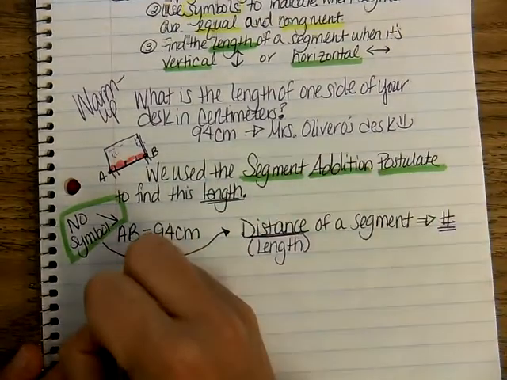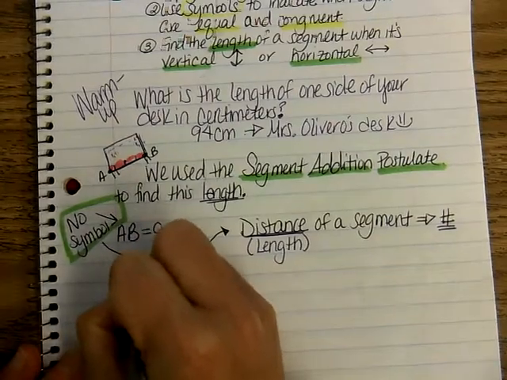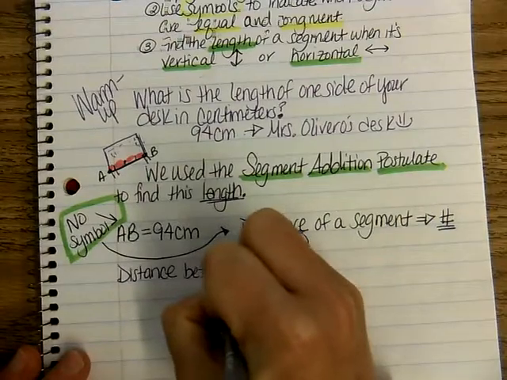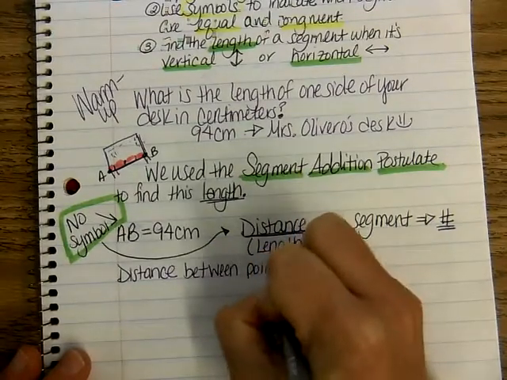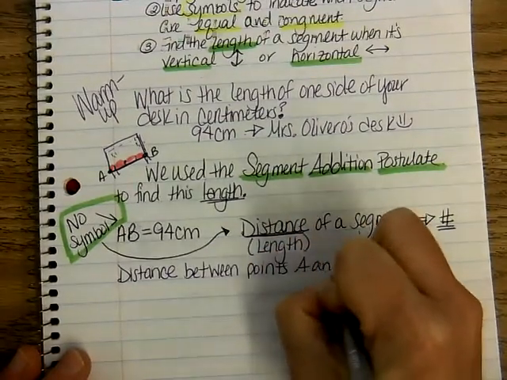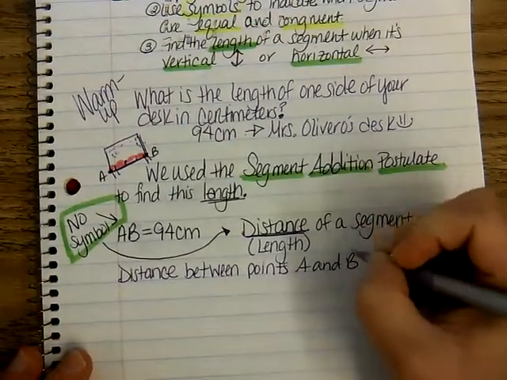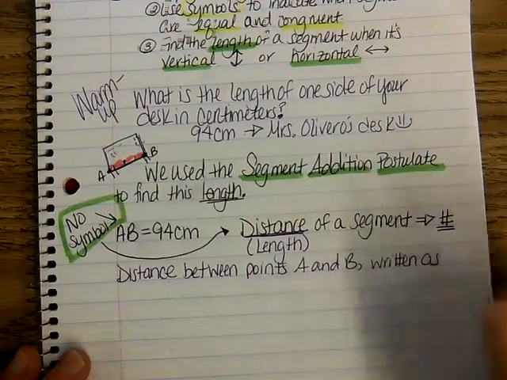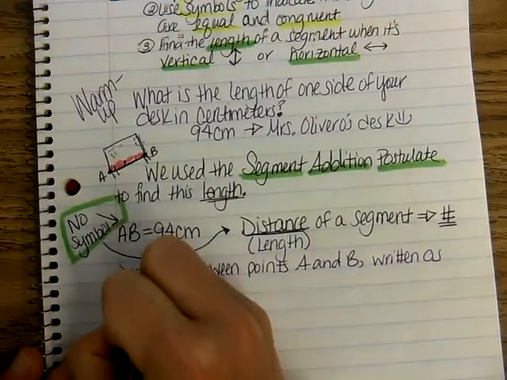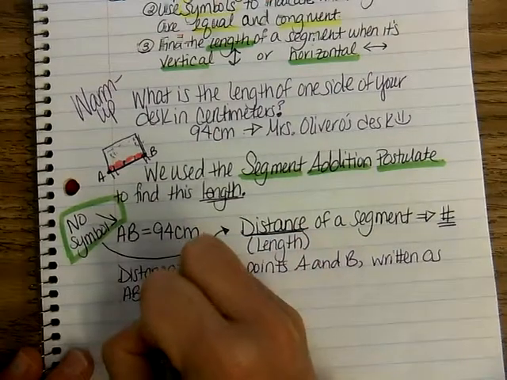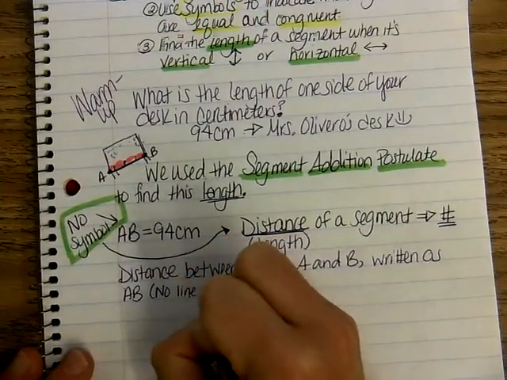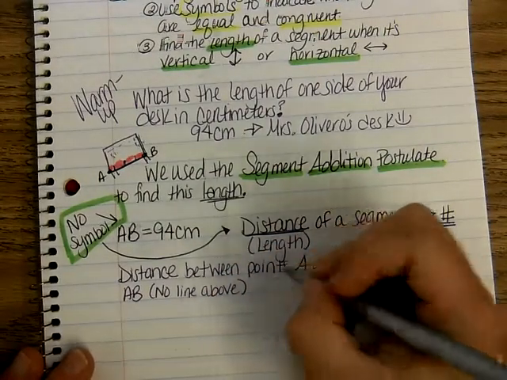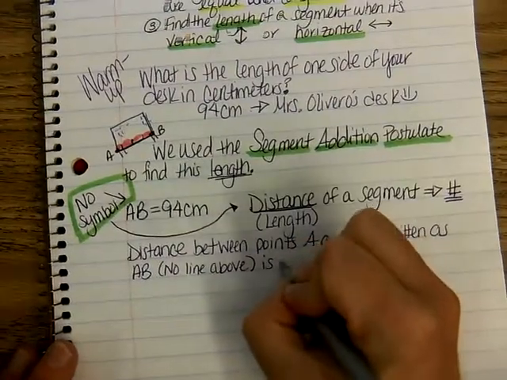So distance between points A and B, written as AB, no line above, represents or is the absolute value.